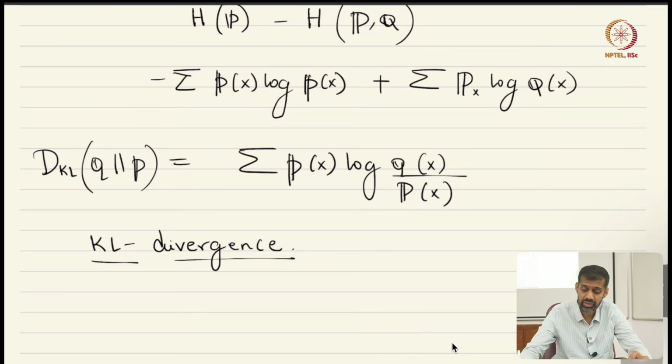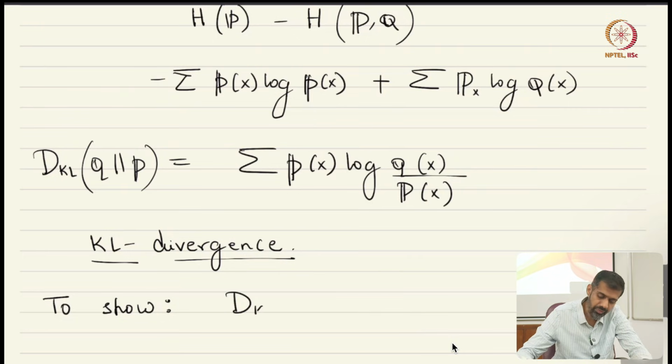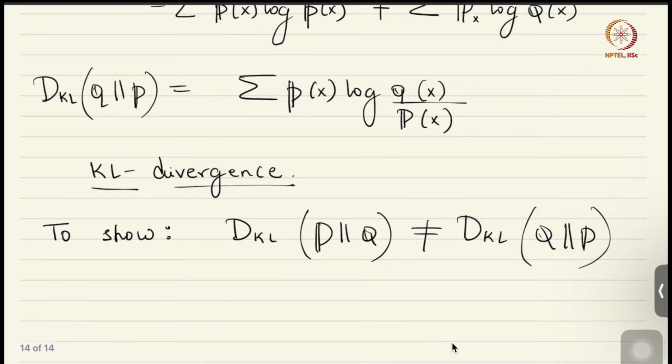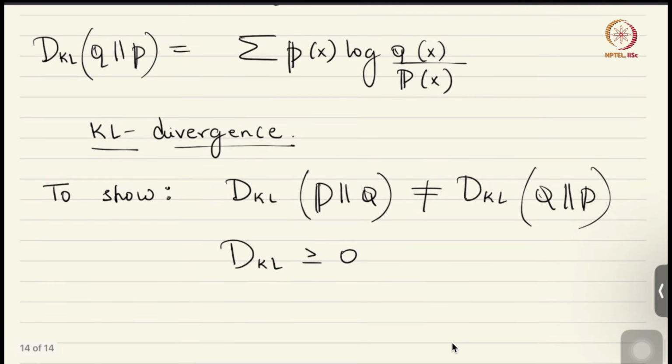What is to be shown is that D_KL between P and Q is not the same as KL between Q and P, and also show that this is non-negative, and show that this is equal to 0 if and only if P matches with Q. It is a two-sided result.